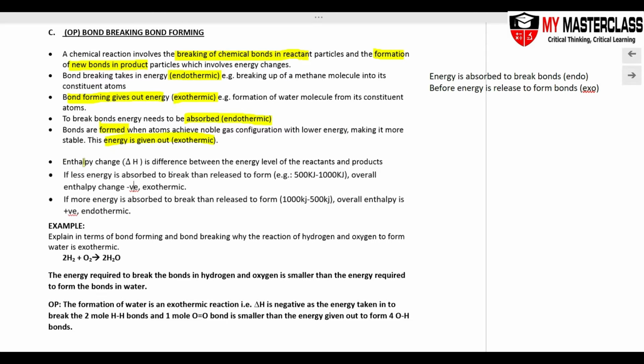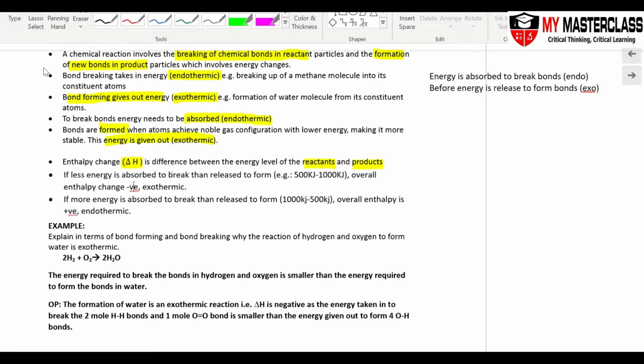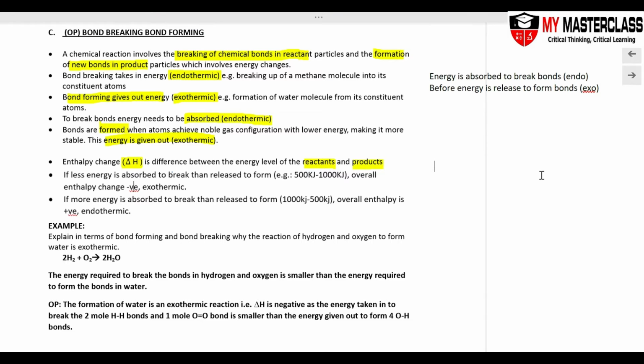Okay, so the enthalpy change, this is the delta H symbol. This is the difference between the energy level of reactants and products. So how much energy does the reactant have minus the product? In all chemical reactions, I have to break bonds before I can form bonds.